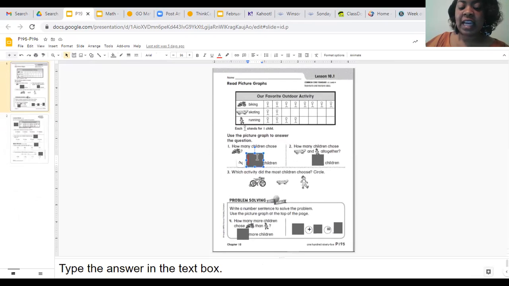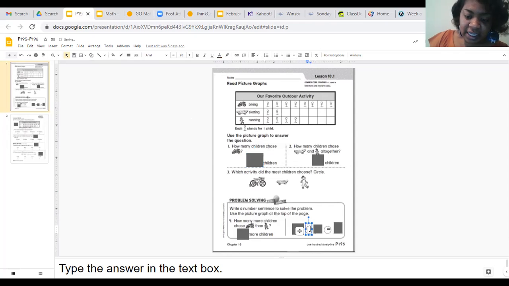So you're going to look at the graph and you're going to answer questions about it. Okay. So our favorite outdoor activity, you have 3 categories: biking, skating, and running. How many children chose biking? So you're going to look at the graph and you're going to count those numbers. Okay. Now, how many more?